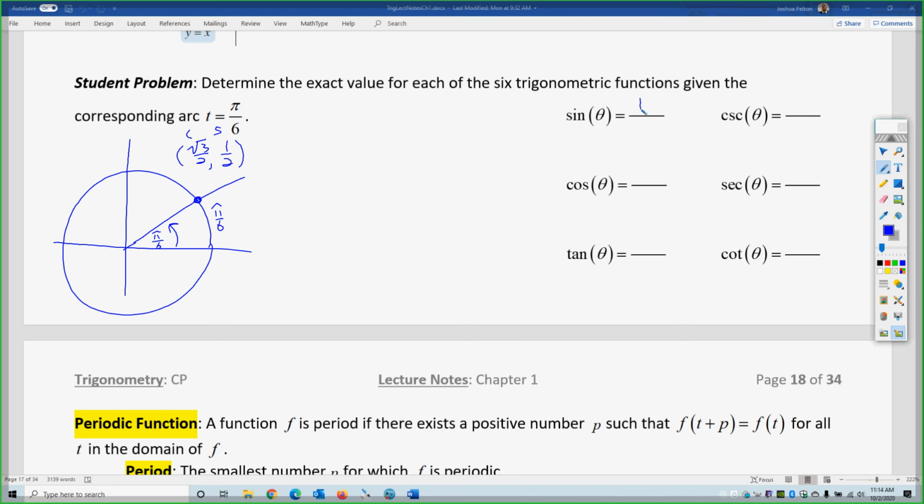So that's 1/2 for sine, root 3 over 2 for cosine, so 2 over 1 for cosecant, 2 over root 3 for secant. And sine over cosine gives 1 over root 3 for tangent. By the reciprocal identity, I get root 3 over 1 for cotangent. Okay? All right, let's try the last page.